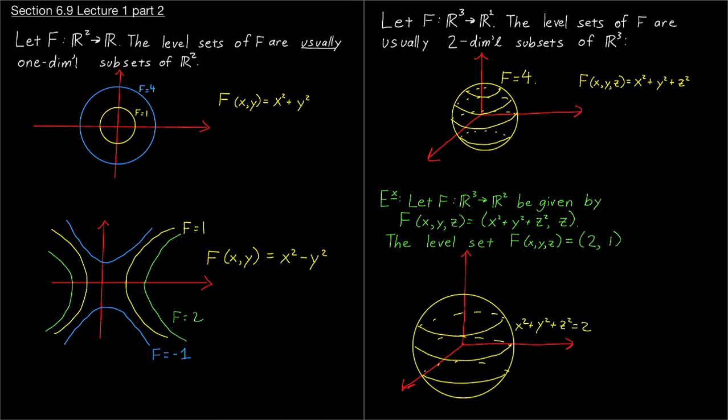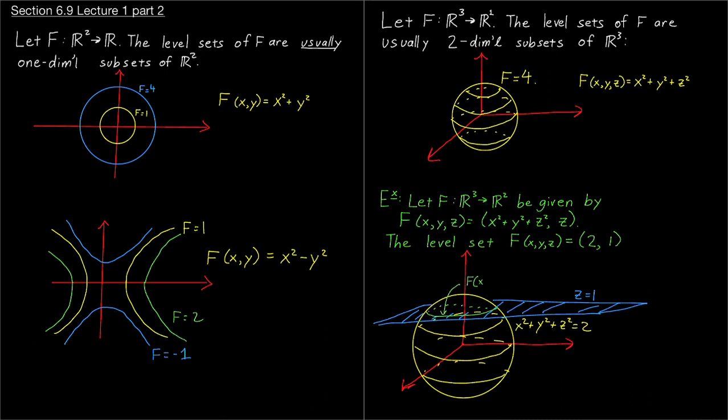And then z equals 1, that's going to be a flat plane. It's, of course, infinitely big, so I don't want to draw the whole thing. And then the intersection between the two, the set of all x, y, z such that both of these equations are true, that's going to be this circle up here.